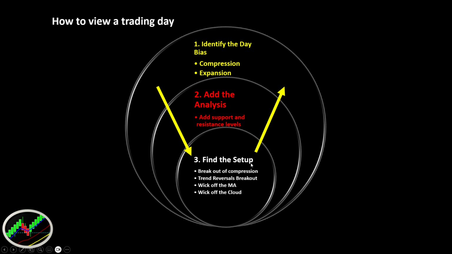The only thing I'm saying here is that once you find the setup, make sure you are in the right spot. In support, if you are bullish, to move upwards, and make sure you are respecting the market bias. Are you in compression or expansion?